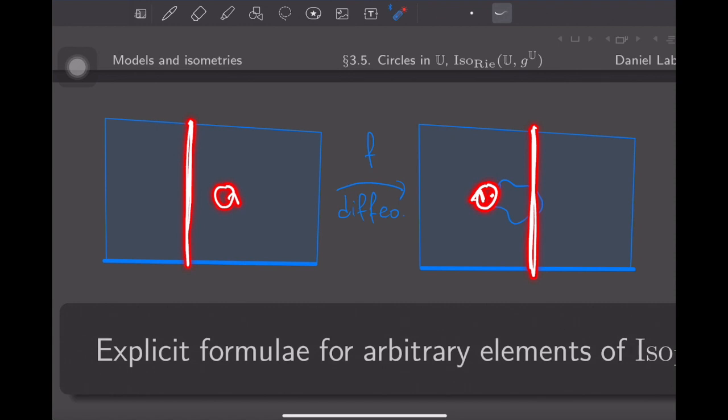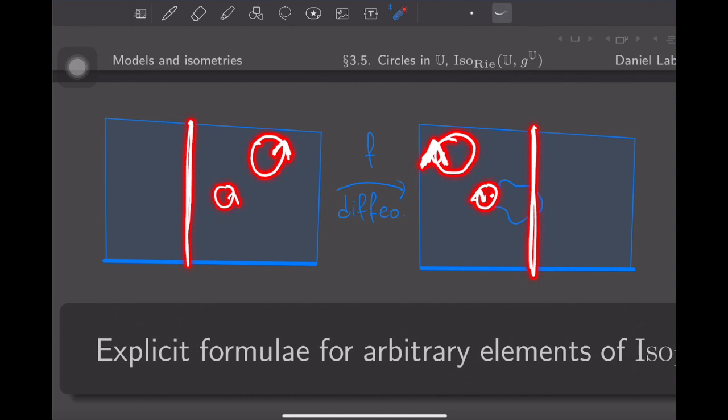And now here you can see what I was saying. No matter what circle I take, if I decide to traverse it counterclockwise, its image is traversed then clockwise.